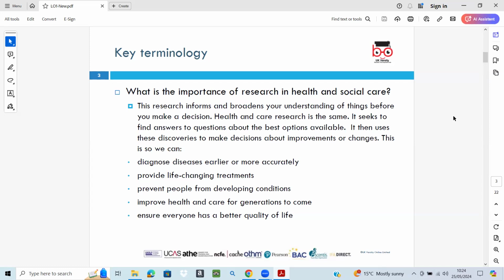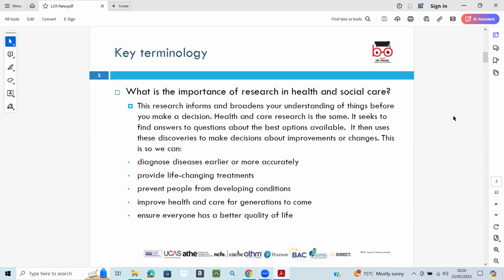If we discuss the key terminologies, research in health and social care involves systematically investigating and studying various aspects of health, illness, and social care practices. It aims to provide reliable evidence that can be used to make informed decisions about care and treatments.